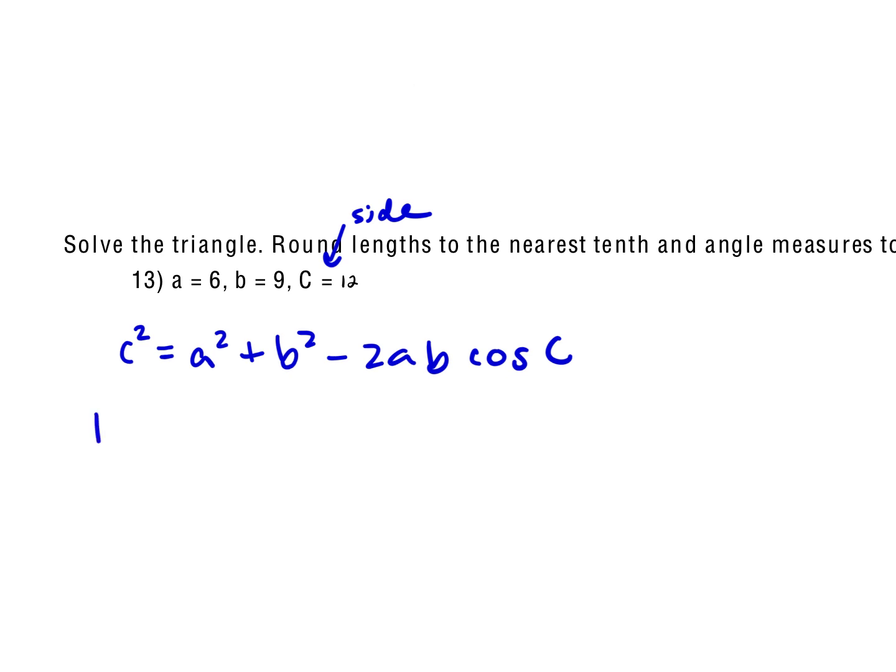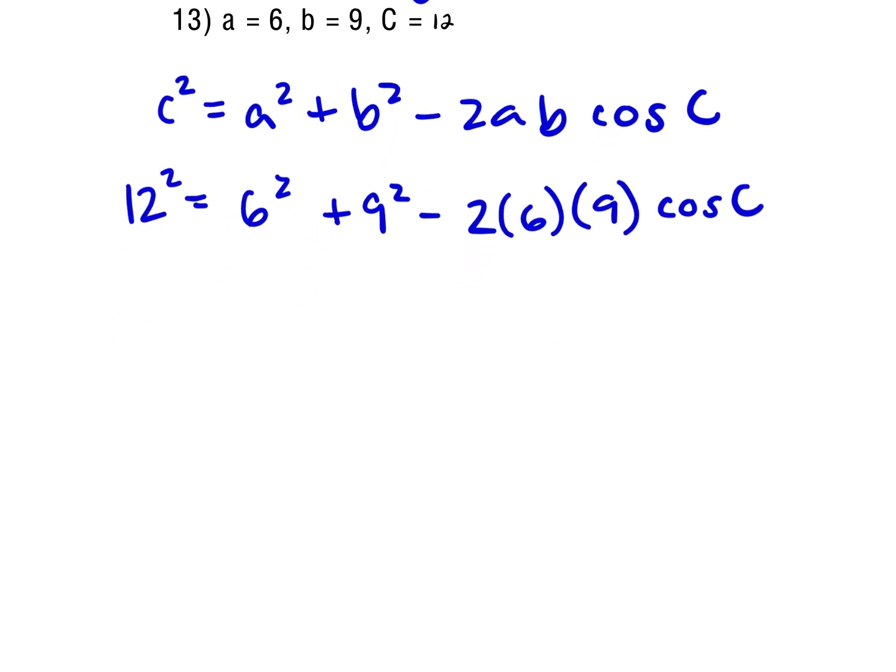So we're going to plug in everything we have. 12 squared is equal to 6 squared plus 9 squared minus 2 times 6 times 9 times cosine of c. Let's solve. So 144 is equal to 36 plus 81 minus 2 times 6 times 9, so we get 108 times cosine of c. 36 plus 81 is 117.